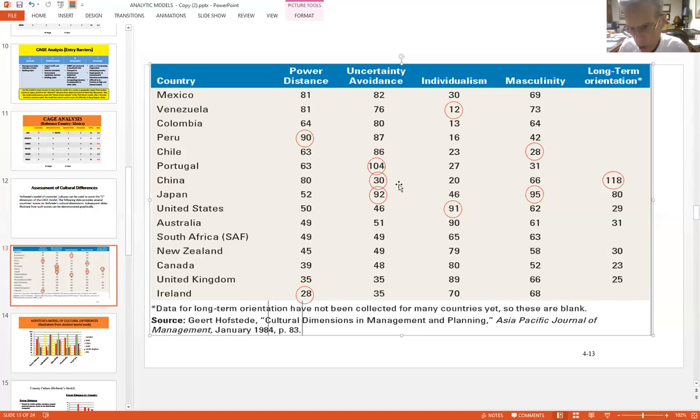Individualism versus collectivism, again, is a big item. The US has always prided itself as being ruggedly individualistic. I really think that if this analysis were done again today, the US would not have a score of 91. It would be lower.